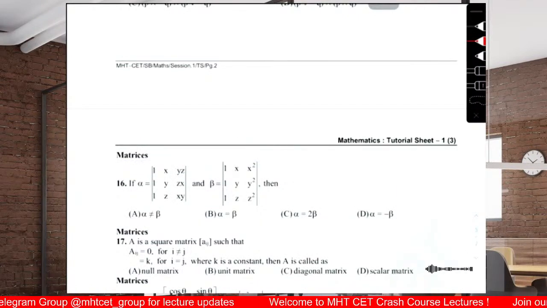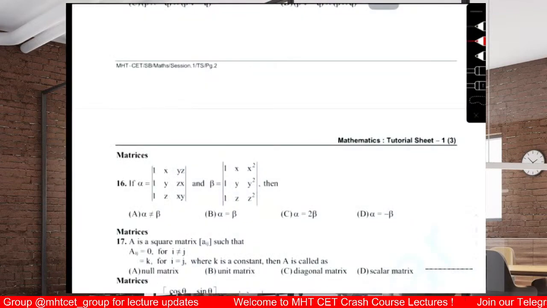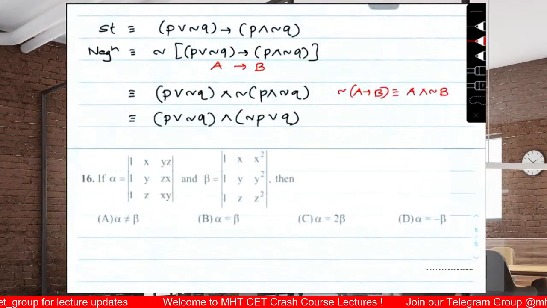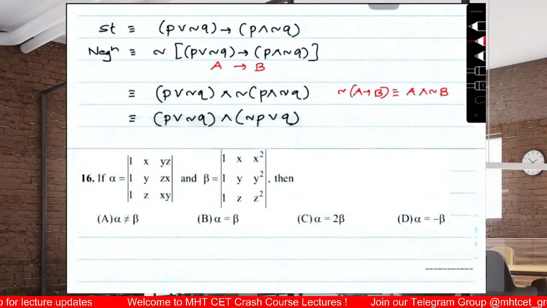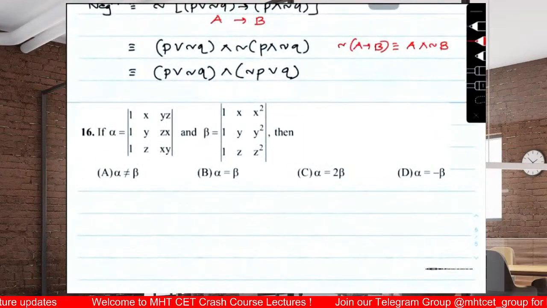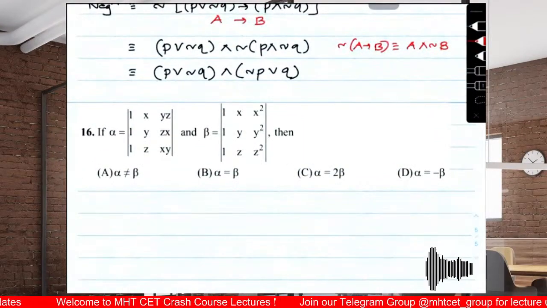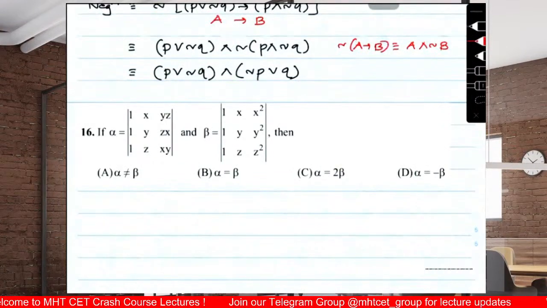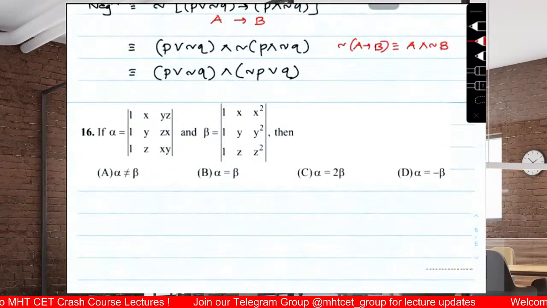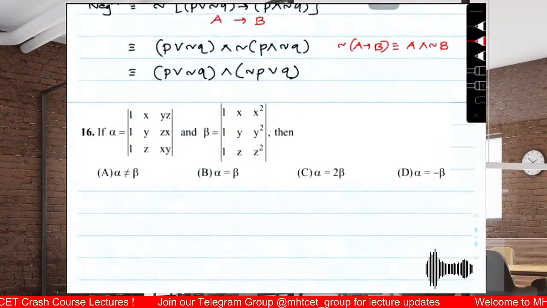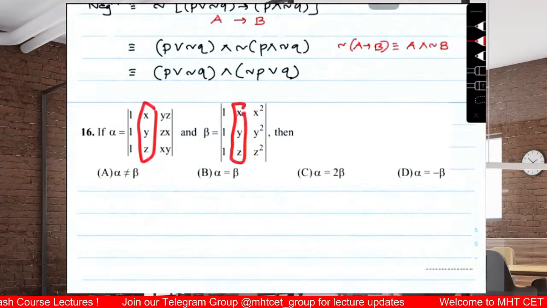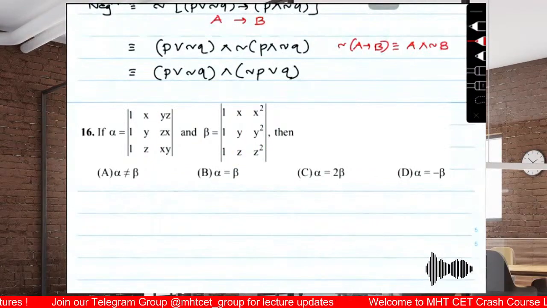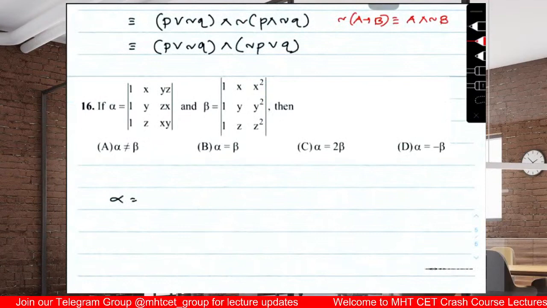Determinant matrices. So alpha and beta, two determinants are given, then they want the relation between alpha and beta. ओके सो देखो यहाँ पर x, y, z है, यहाँ पर भी है. x square, y square, z square नहीं है इधर. सो यू कैन सॉल्व एनी वन. अल्फा को सॉल्व करते हैं.